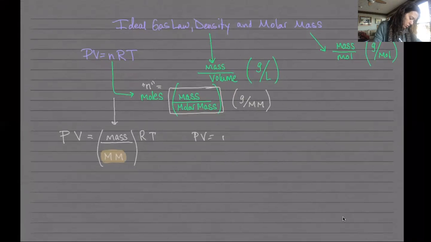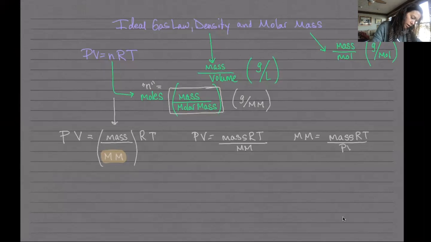PV equals mass RT over molar mass. Well, if I do a little bit of algebra, I see that molar mass equals mass RT over PV. I can now solve for the molar mass and identify the gas.